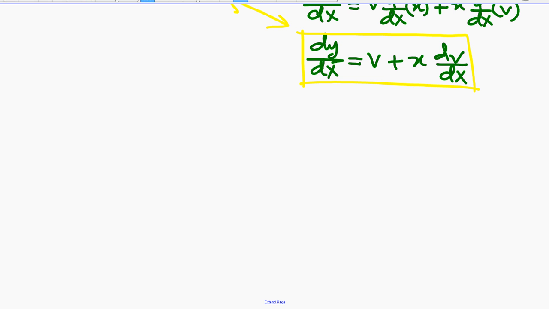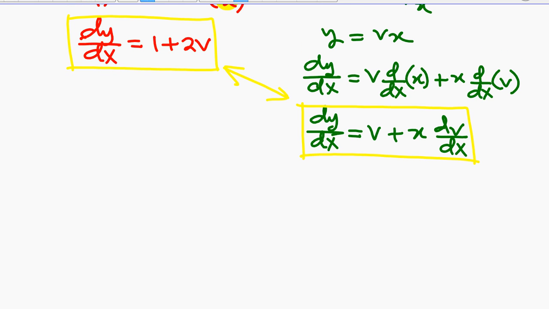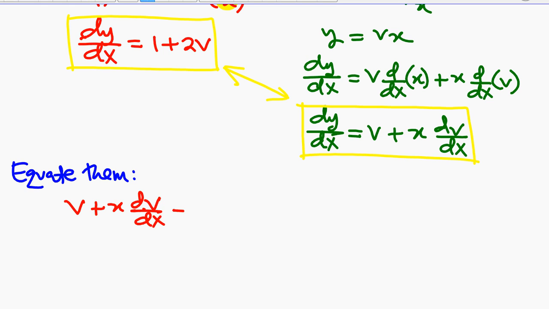If we equate these together, we end up with v plus x dv over dx is equal to 1 plus 2v.